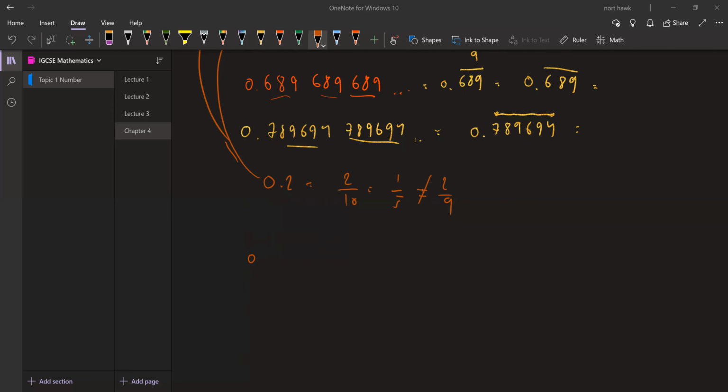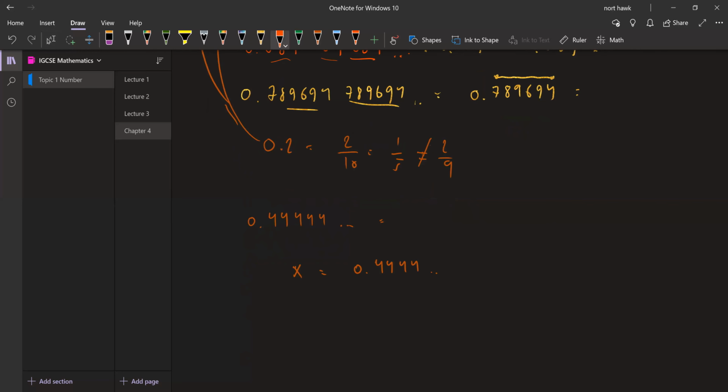So you have 0.4444, and so on, but you want to convert it into a fraction. The way to do it is this. Let's say that x is equal to 0.4444. Let's say that's a number. x is equal to that.